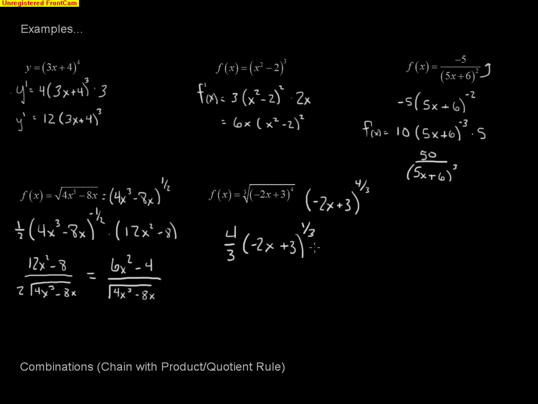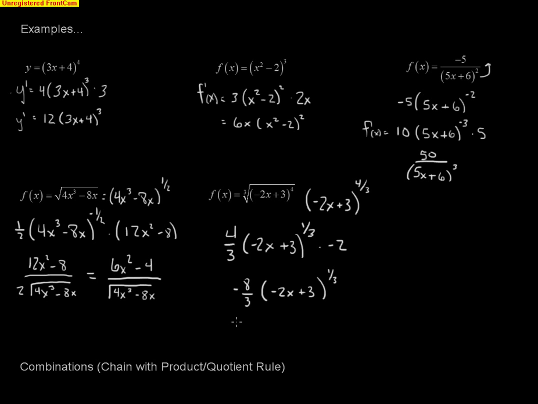We're going to get 1/3, and multiply by the derivative of the inside, which is negative 2. So what we can do here is we'll have just negative 8/3 times negative 2x plus 3 to the positive 1/3. If you wanted to, you could put the cube root, but that's fine as well, just leaving that.